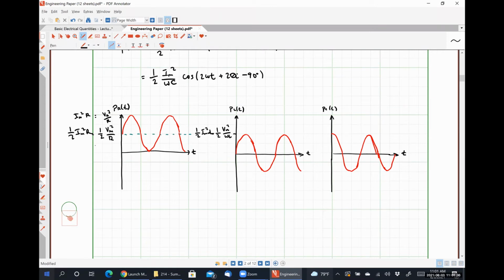The DC portion of our power absorbed by a resistor is this stuff right here, which is exactly the relationship that we got by setting our AC term to 0. For the inductor and the capacitor, there is no DC offset. The DC offset was 0 watts. So the average power absorbed by an inductor and by a capacitor must then also be 0 watts.